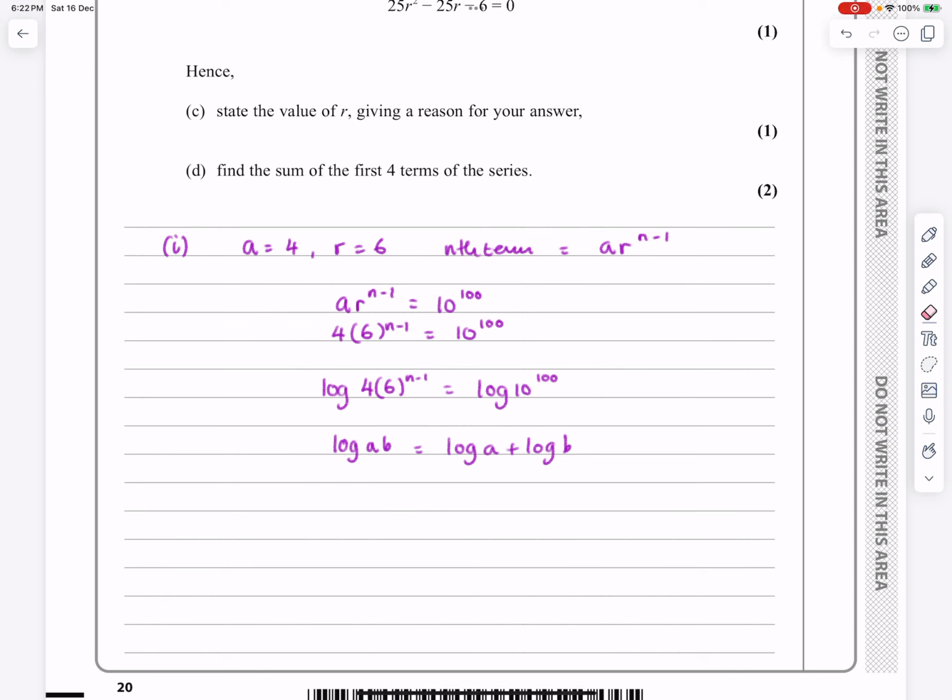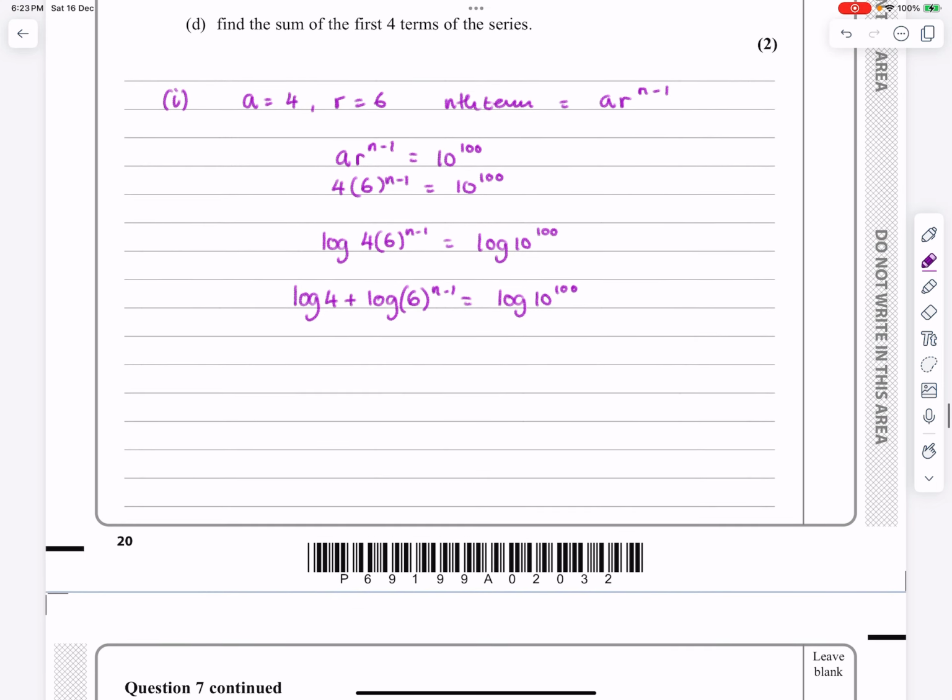So I'll apply that one in a second. Log AB then applies to this left-hand side, doesn't it? So where I've got log of 4 times that, I can say log 4 plus log 6 to the n minus 1 is equal to log 10 to the 100.